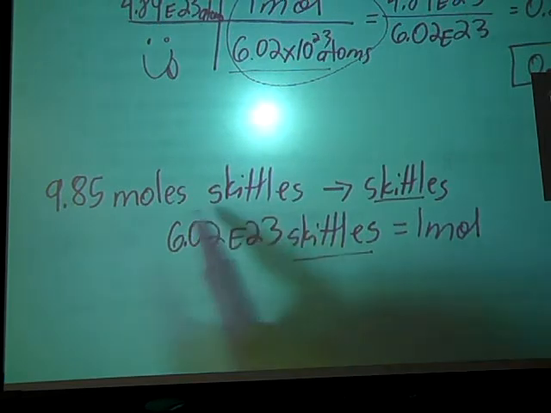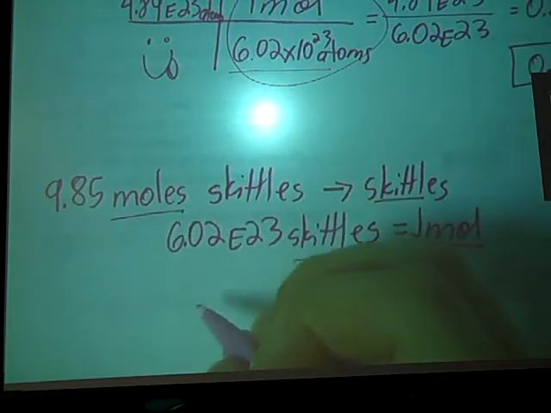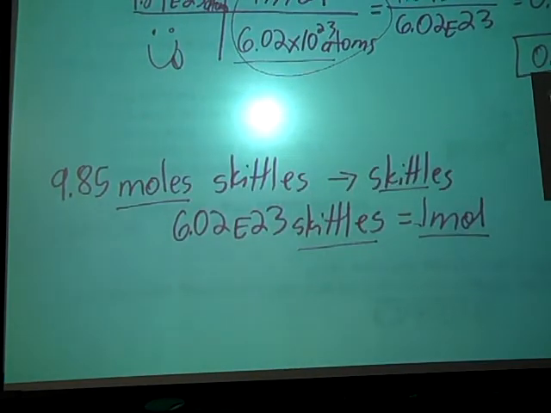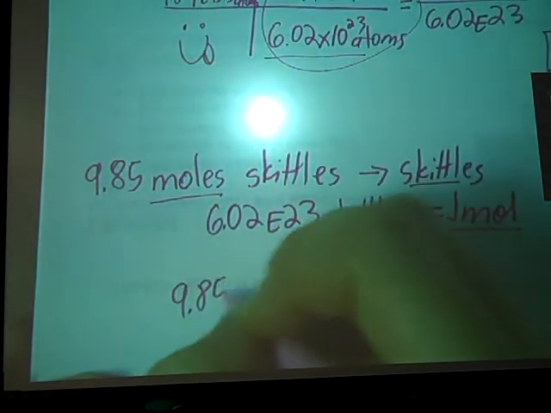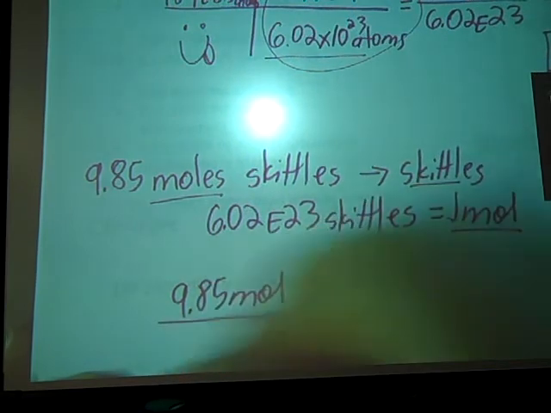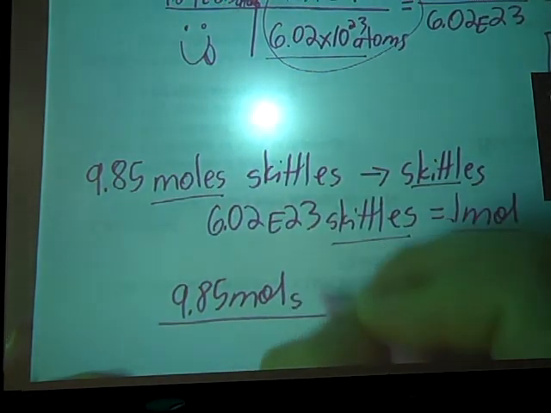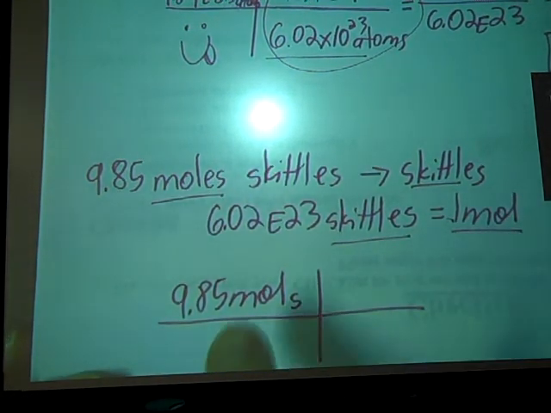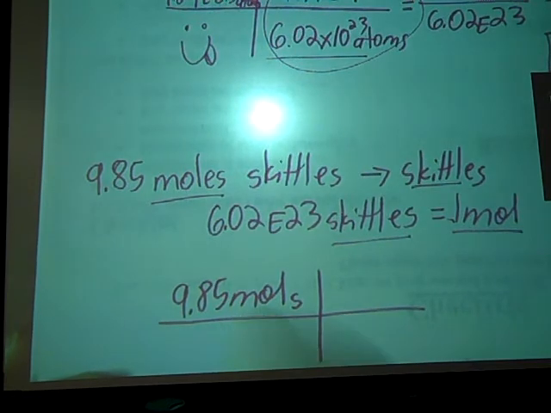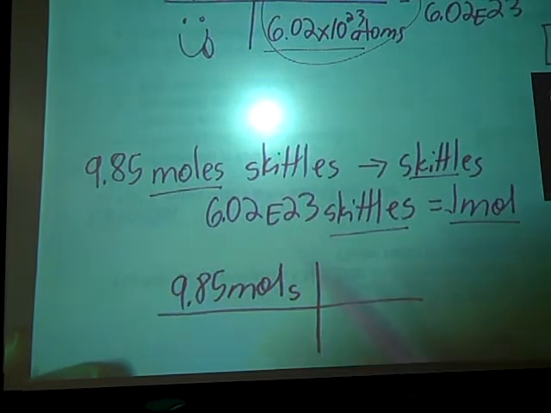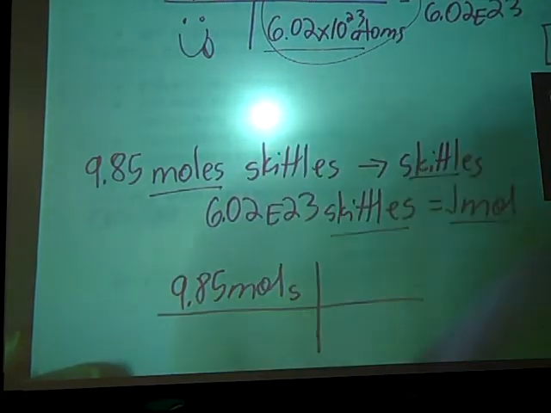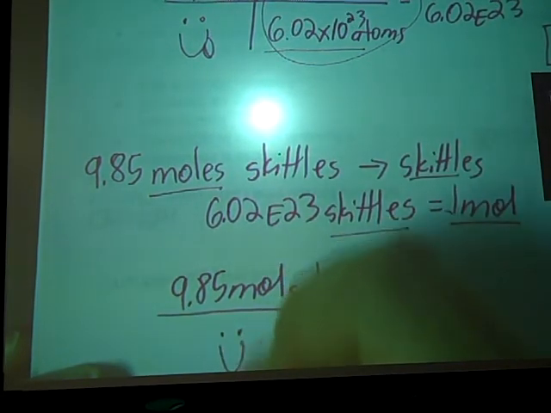Ending unit present, starting unit present, good to go on the boxes. 9.85 moles. Skittles will abbreviate with an S. It's really a good habit to do your Newt in each box, because you'll have to do that once we get to stoich and we start converting between substances, and this gets a whole lot more complicated.